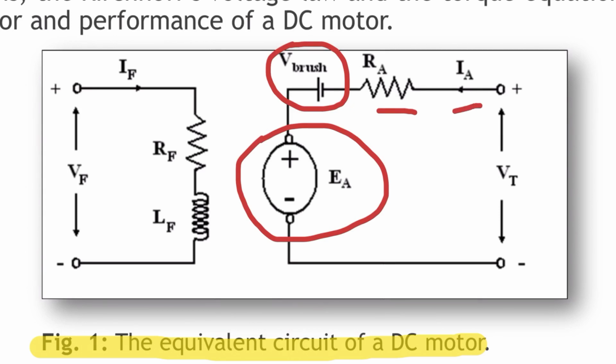This is IA. Can you see that? This is the VT terminals. This is the power supply here. Can you see the direction of the current now? It goes to what? To the armature, from the power supply to the armature. Before, for the generator, it was what? From the armature it goes to what? To the VT.